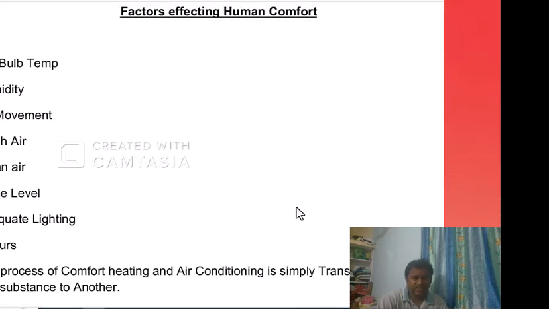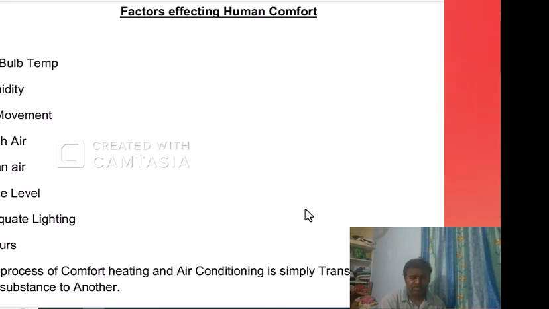Coming to the factors affecting human comfort, what are the basic parameters which affect the comfort of a person inside the room? The dry bulb temperature is very important. You know how to take the dry bulb temperature, or otherwise we can have a session on this: how to take the dry bulb temperature, what it is, and its uses. Then humidity, what it is and how it is affected by normal living conditions, and air movement, how the pattern of air falls on the occupant.